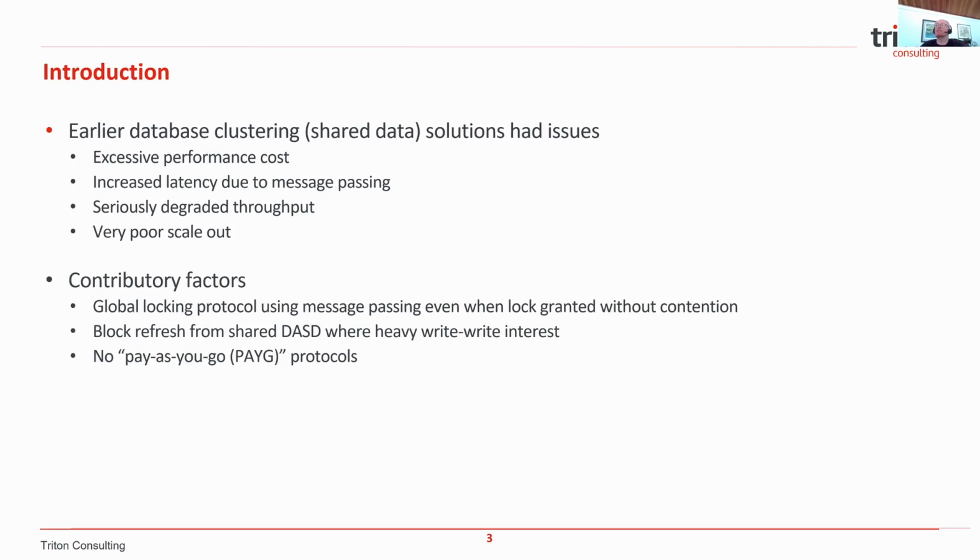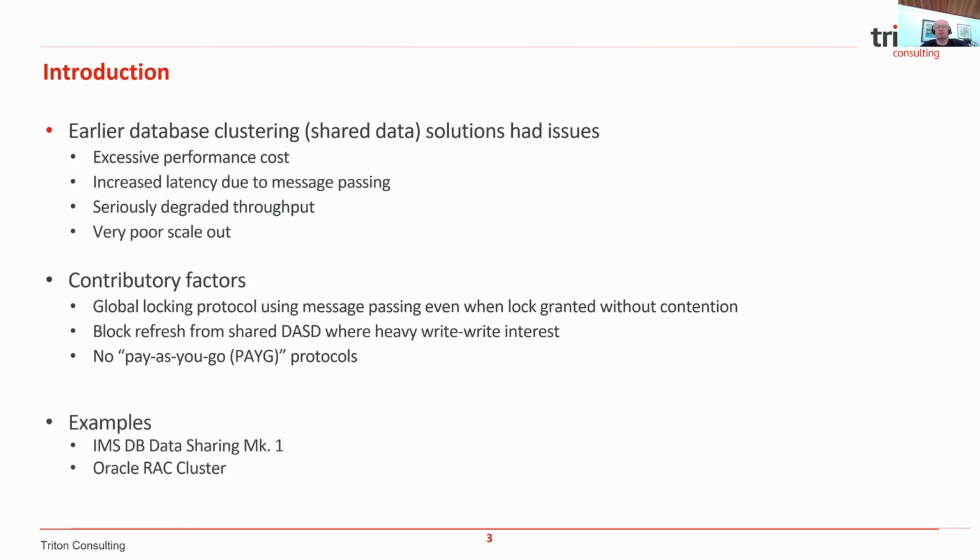And without a coupling facility with data in there, unfortunately this resulted in message passing between the members to tell the members that had stale versions of the page to have it refreshed. And the other thing with these earlier implementations, there was no pay-as-you-go protocol. In other words, it assumed everything was inter-system read-write shared, and therefore paid the penalty of the message passing.